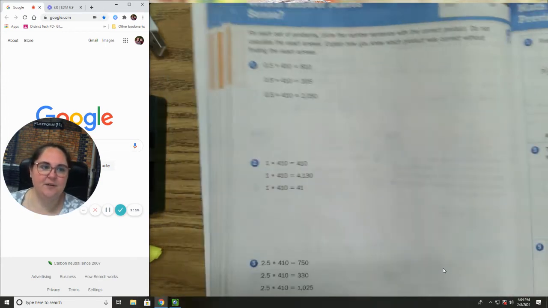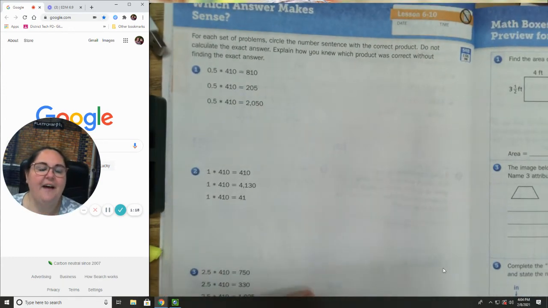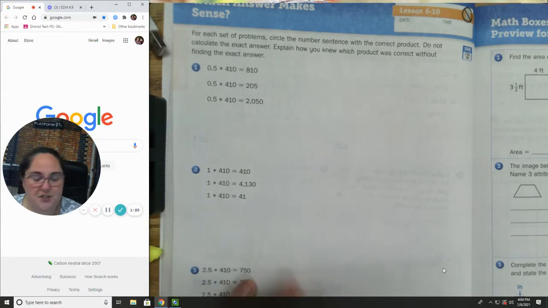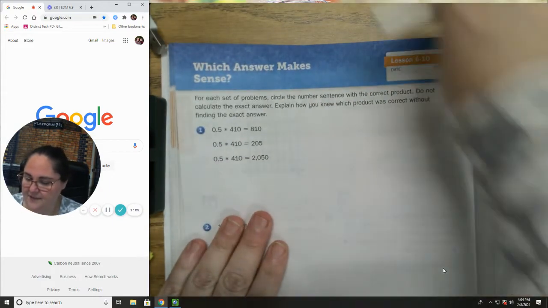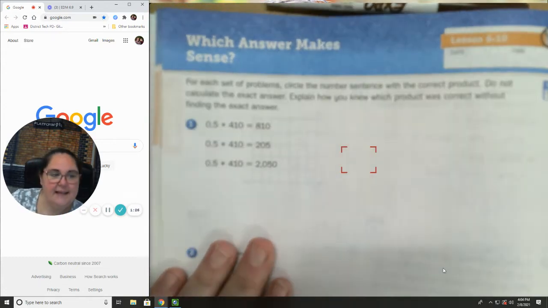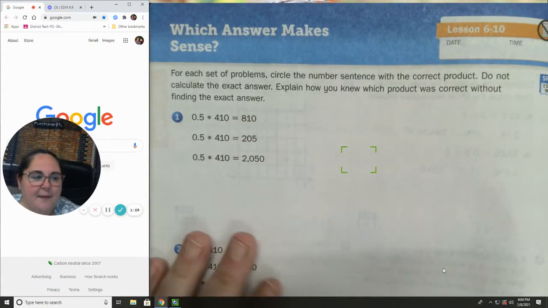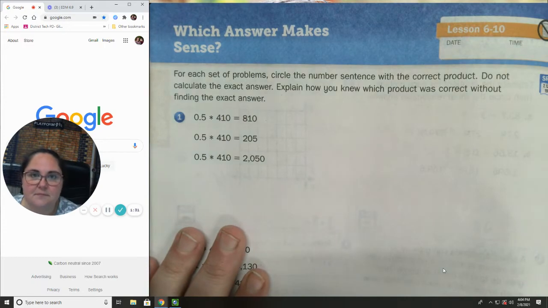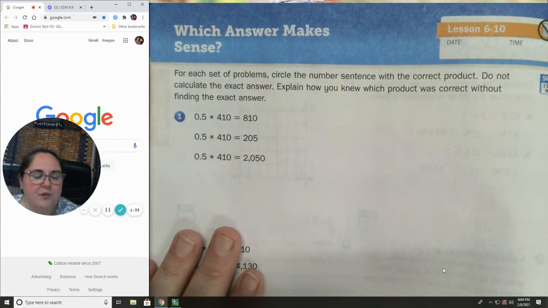Let's figure this out. So if I take my first question, I'm going to zoom in a little bit for you. 0.5 times 410. Which answer do you think is correct?